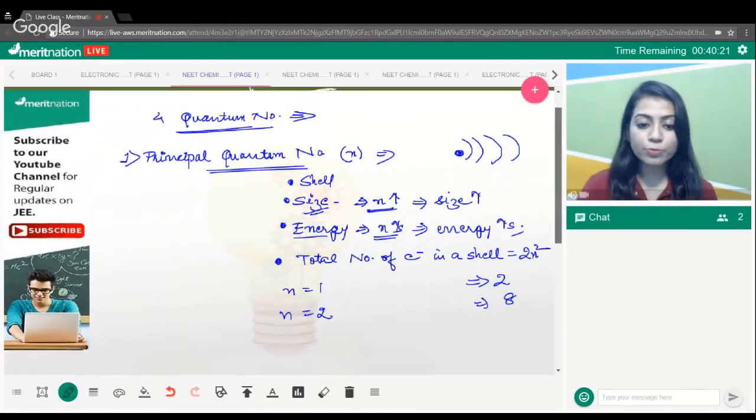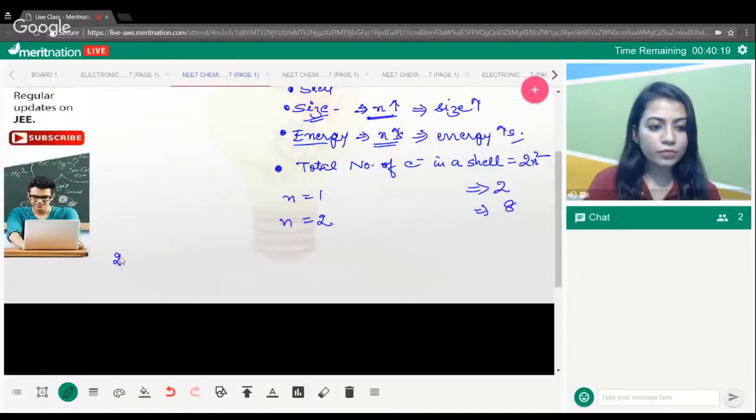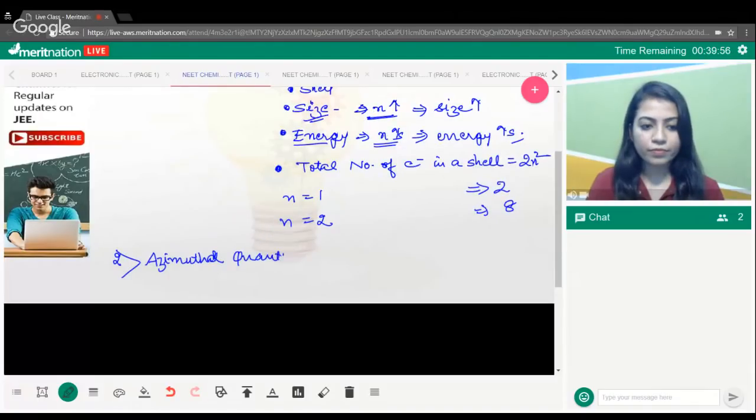Then let's move on to the second one. The second quantum number is again a very vital one, that is the azimuthal quantum number. Azimuthal quantum number is also known as subsidiary quantum number, and it is denoted by the letter small l.